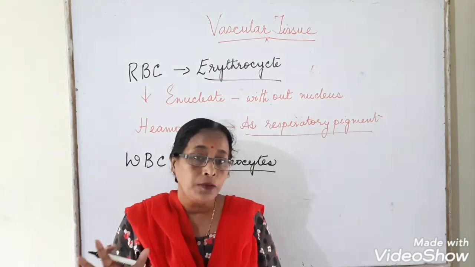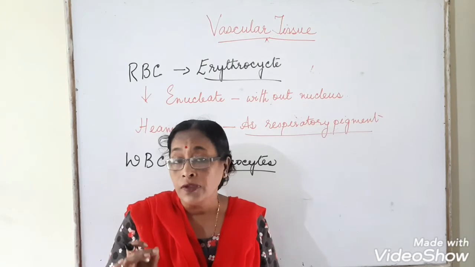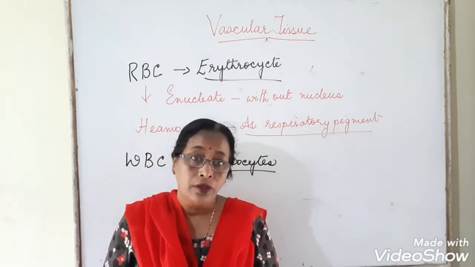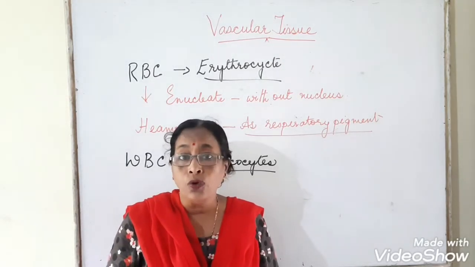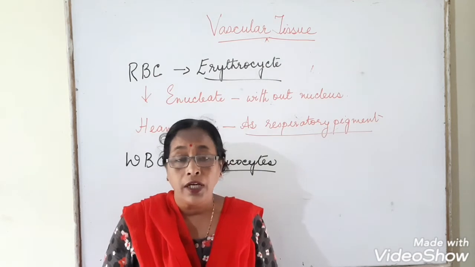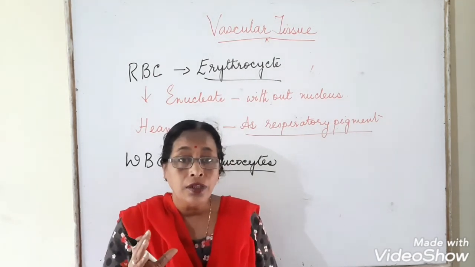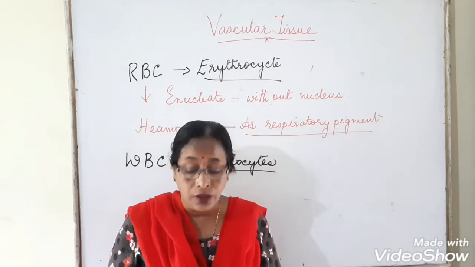Unlike the RBC, which is red because of hemoglobin, the WBCs are colorless and show amoeboid movement. That means they move like an amoeba, which shows an irregular shape and irregular movement.